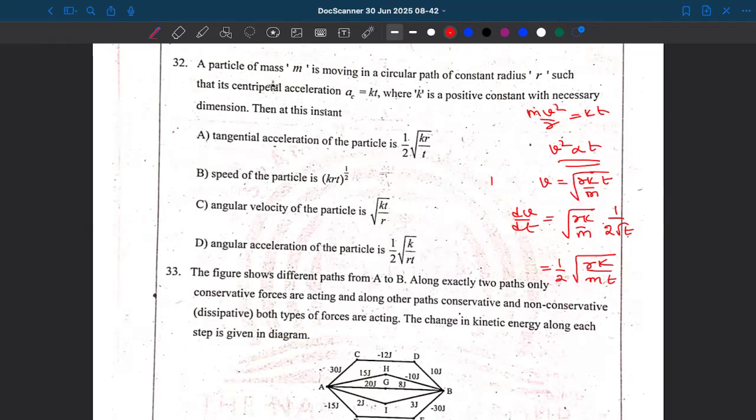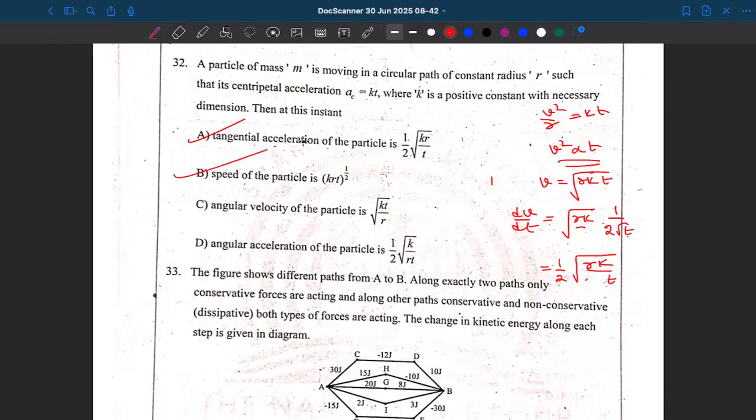Because acceleration is what I need to compare. You don't require an M term at all, right? So in that case, A is correct. Absolutely correct, by the way. Speed of the particle is root KRT, correct.